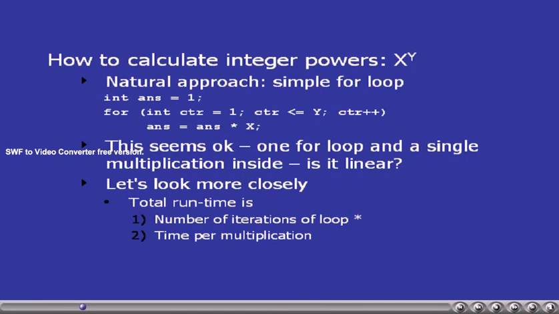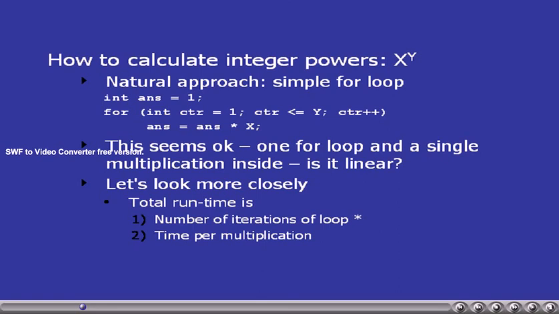The problem is calculating x to the power of y for some integer values of x and y. Immediately we get an idea of having a for loop as shown in the slide and going on multiplying x for y times.